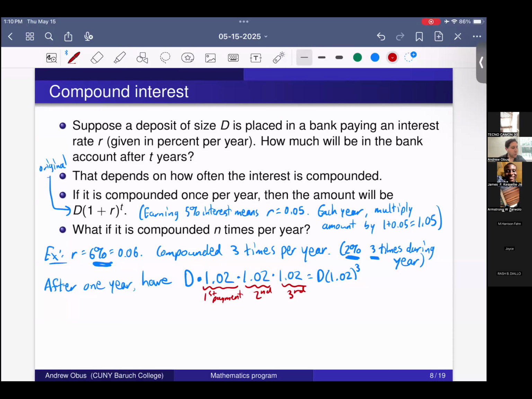So 1.02 cubed is roughly equal to D times 1.0612. Okay, so it's a little bit more. So you're effectively getting 6.12% interest instead of just 6% interest every year.